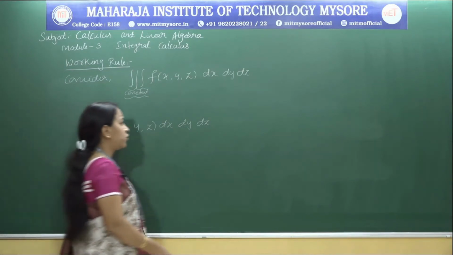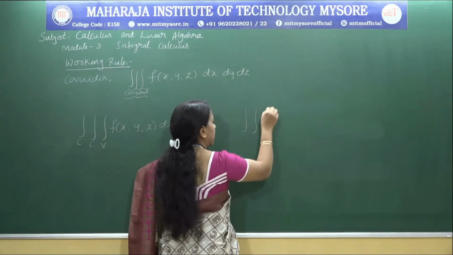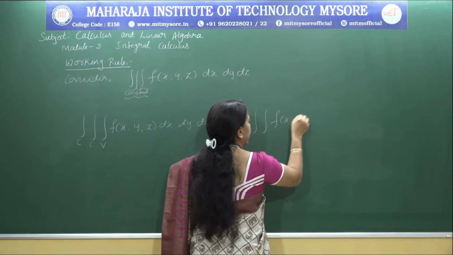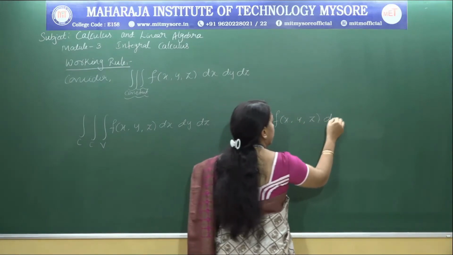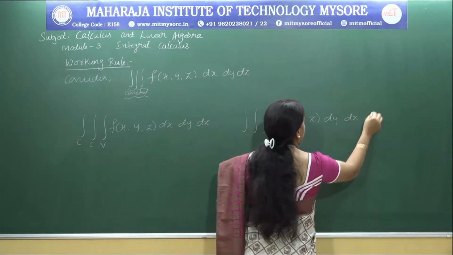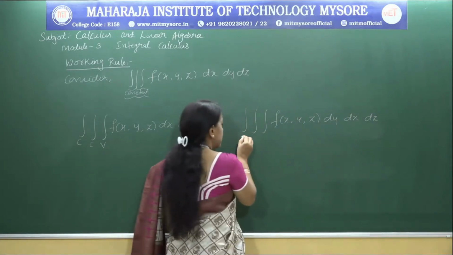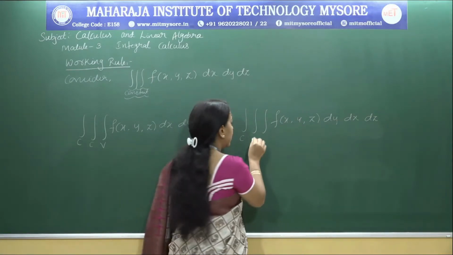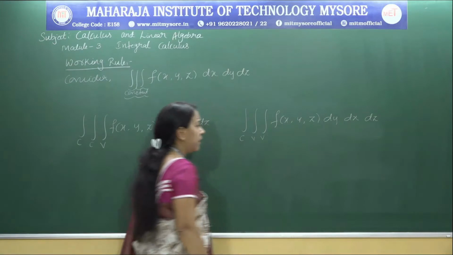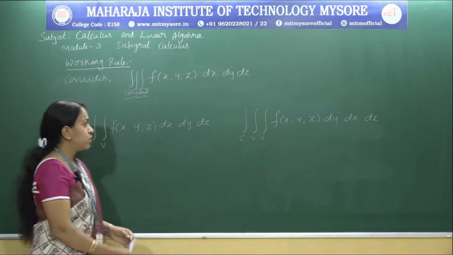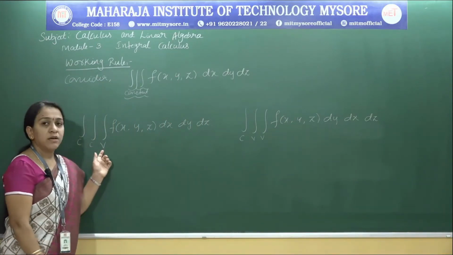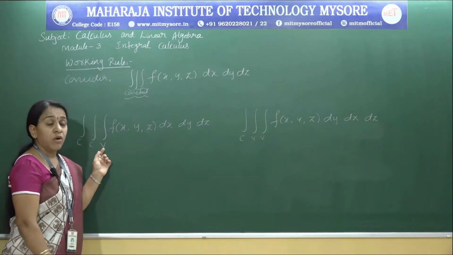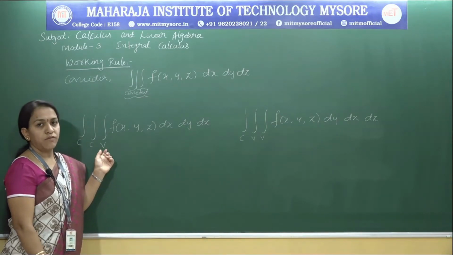And the other option is, I can have the triple integral of f of x, y, z, dy, dx, I can write dz, with the first as a constant limit and the other two may be variable limits. And also in the variable place, I can have x variable or y variable or z variable.